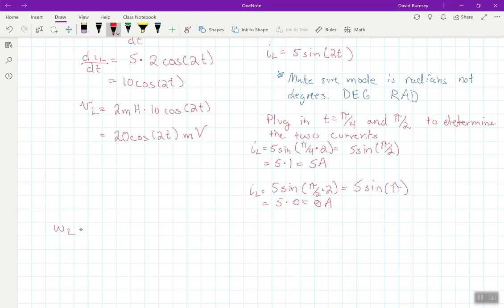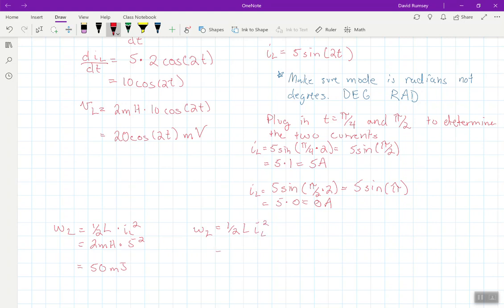All right, but the next part of this here is pretty straightforward because we have the currents now, and we know that energy is just 1/2 inductance times current squared. So this is just going to be 2 millihenries times, in this case, 5 squared. So we have 2 millihenries times 25, which would be 50 millijoules. And then for the other one, we have still 1/2 L I sub L squared.